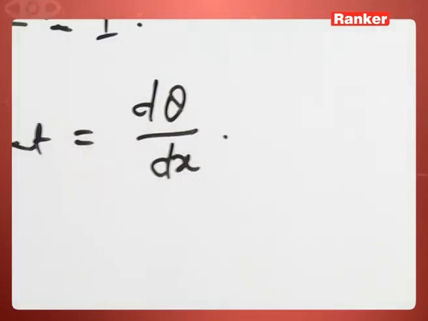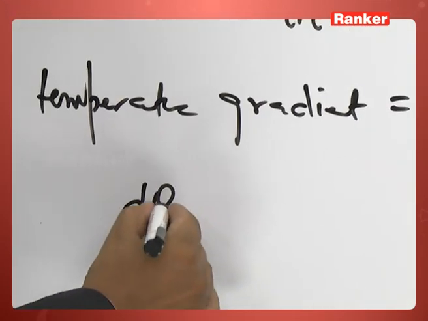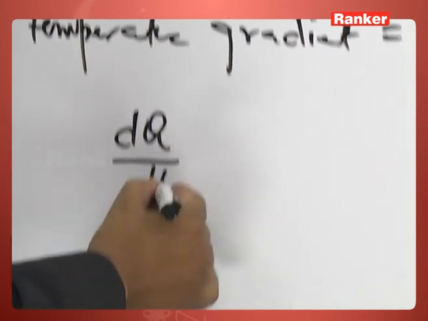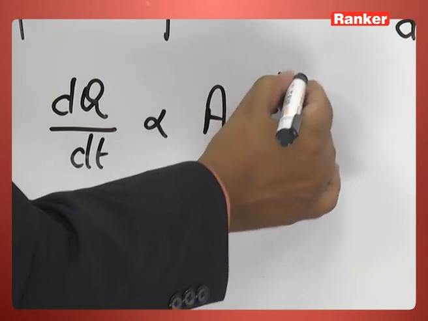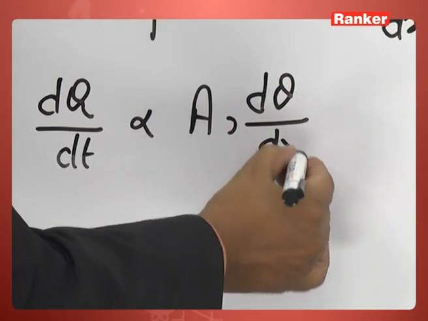According to the law, dq upon dt is proportional to area of cross section and d theta by dx.